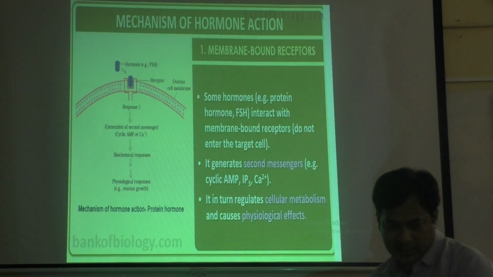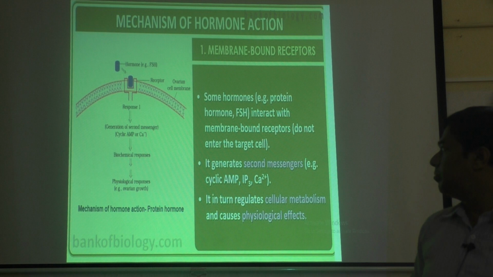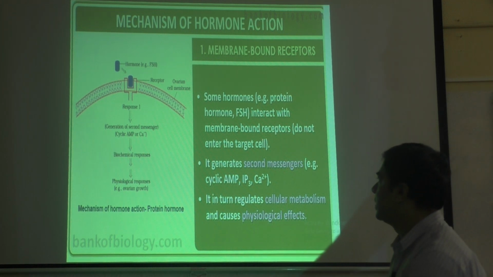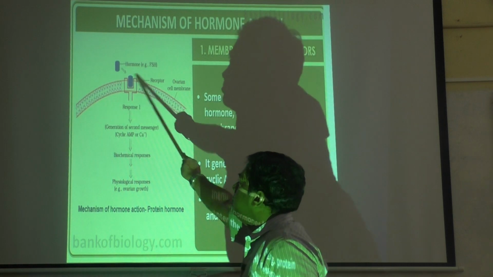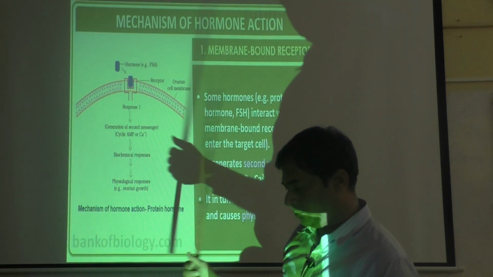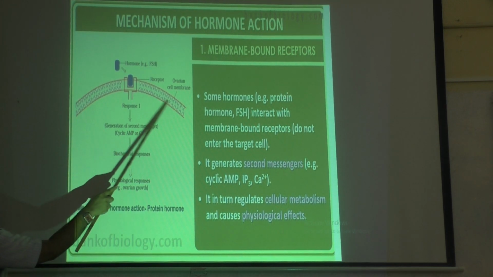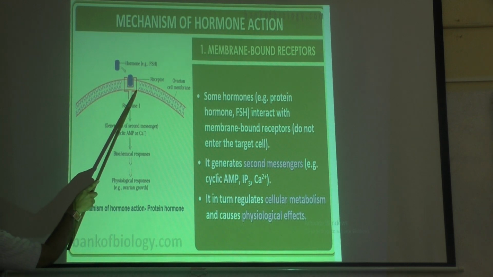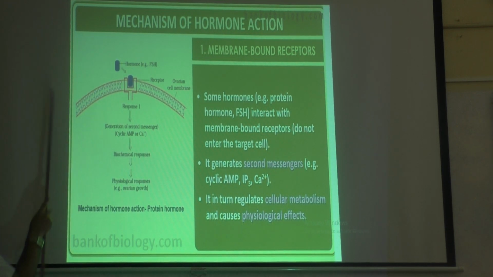Okay, so let us see, if it is a membrane bound receptor, how that hormone will show its action. Number one, you can see here, this is the membrane they are showing, the outer plasma membrane, and this is a receptor, and this blue color is a hormone.